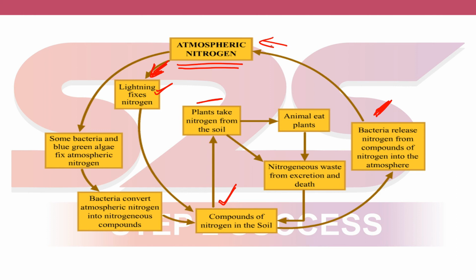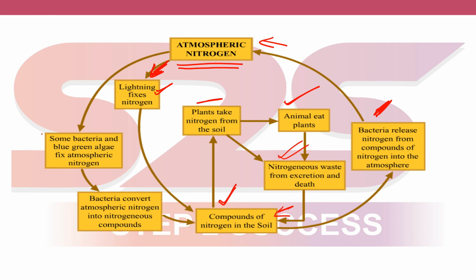But the nitrogen which was taken up by the plants from the soil, animals eat those plants as we read, and the nitrogenous waste from excretion and death is again converted into compounds of nitrogen which goes back to the soil. And nitrogen is not only fixed by lightning.